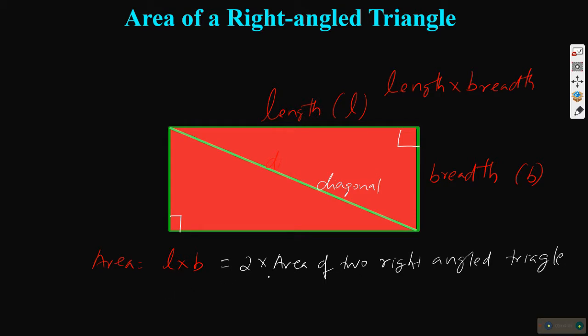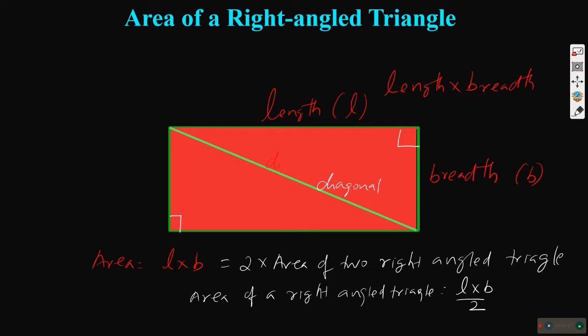That means if you need the area of one right angled triangle, what will you have to do? From this construction, we write half of it, that is length into breadth upon 2. Correct?